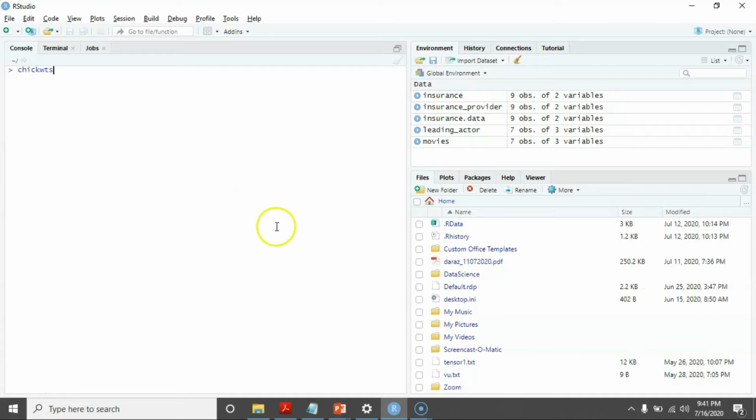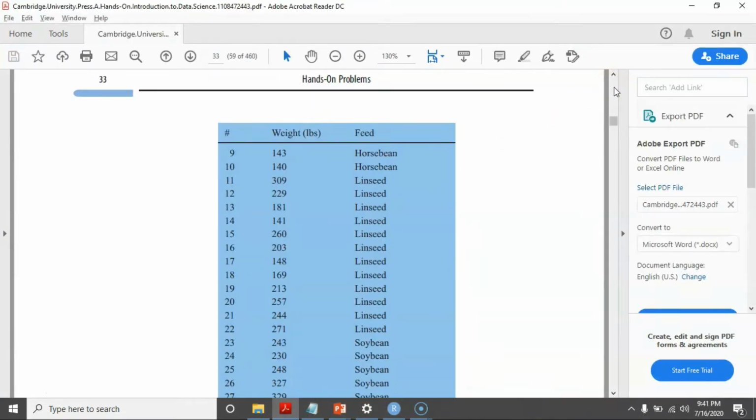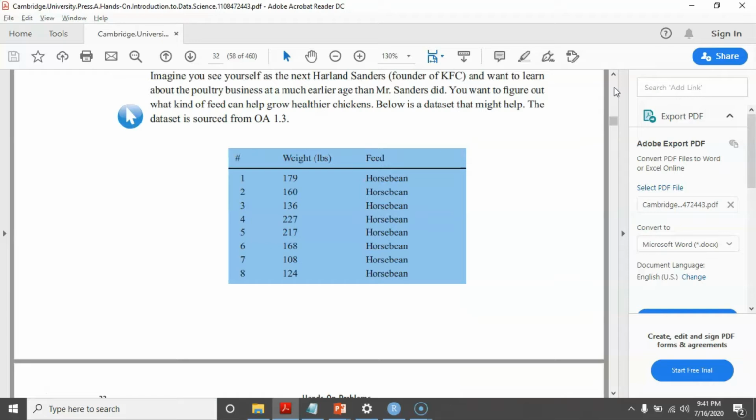This data set that I am talking about is the data set about weights and feed. It is already available in the environment, so I don't need to store it in the form of a data frame before analyzing.